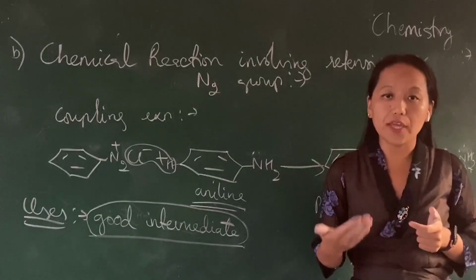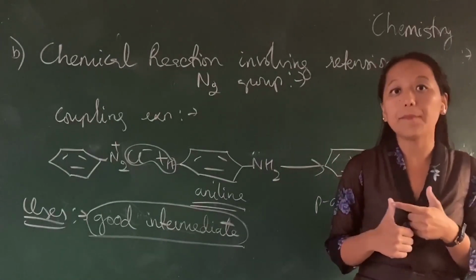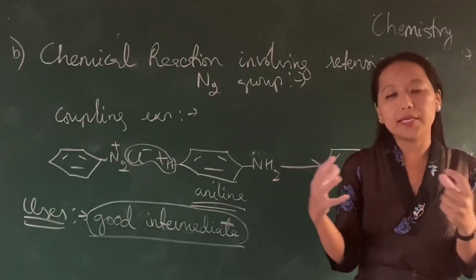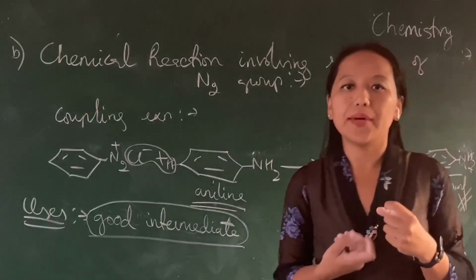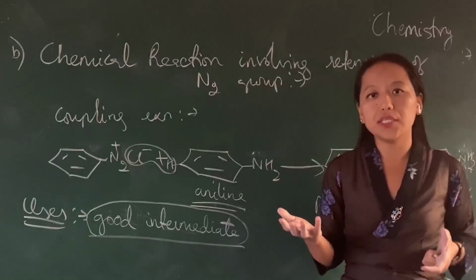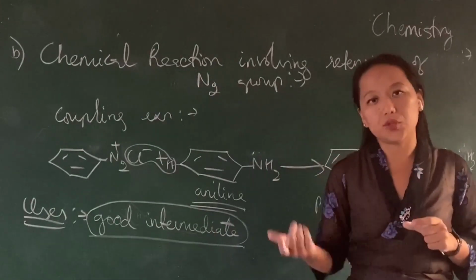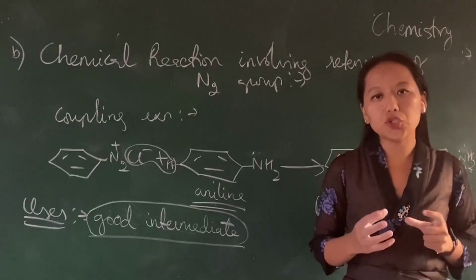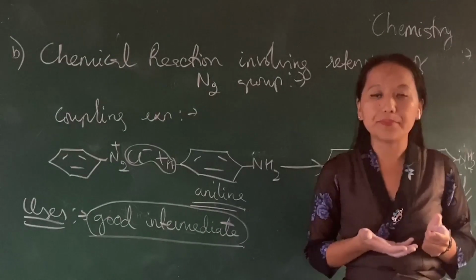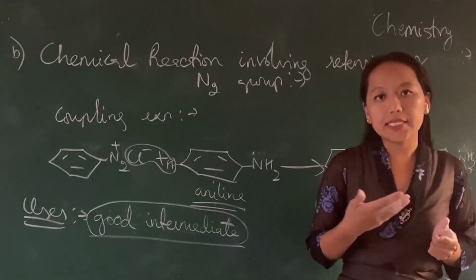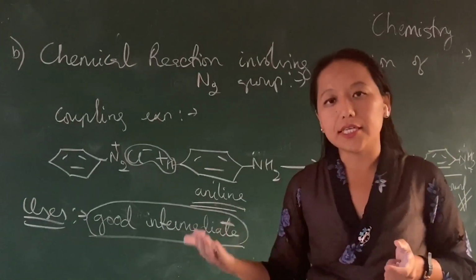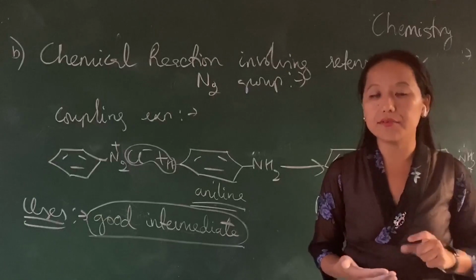And these are retention of N2 in our reaction, that is coupling reaction. Coupling reaction involves an aromatic compound, two aromatic compounds joined through the N2 group. In coupling reactions, diazonium salt reacts with phenol and diazonium salt with aniline. Diazonium salt with phenol gives an orange dye, and diazonium salt with aniline gives a yellow dye.